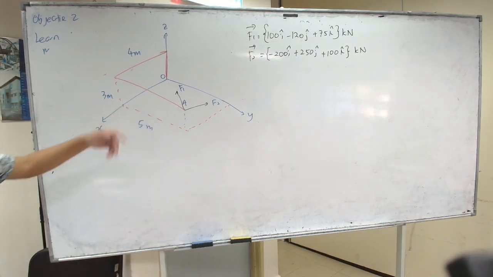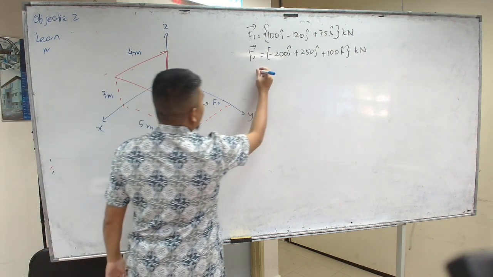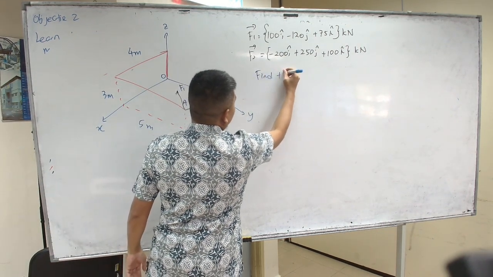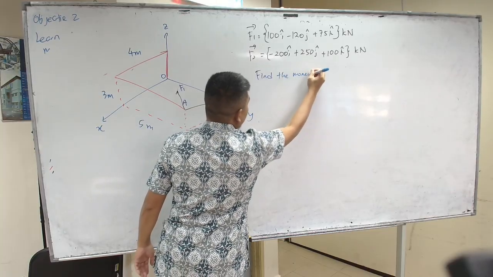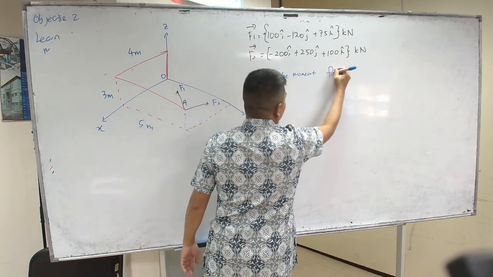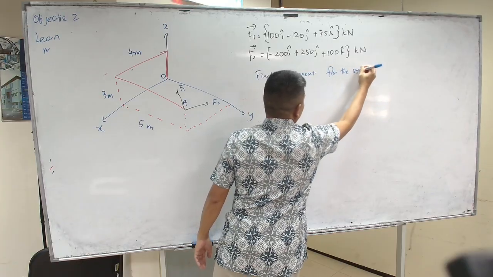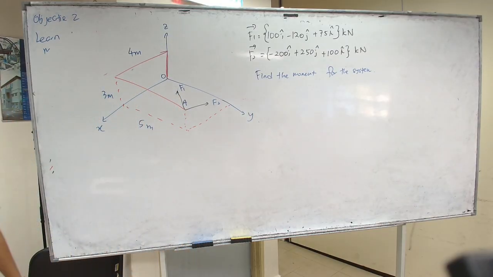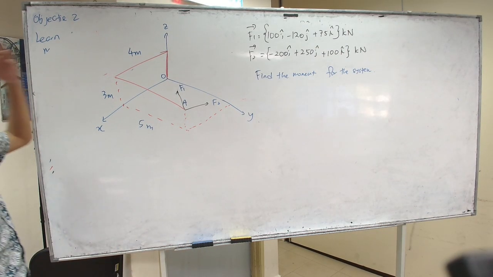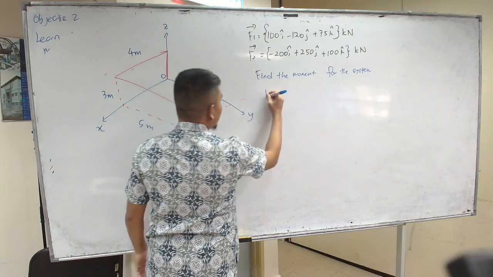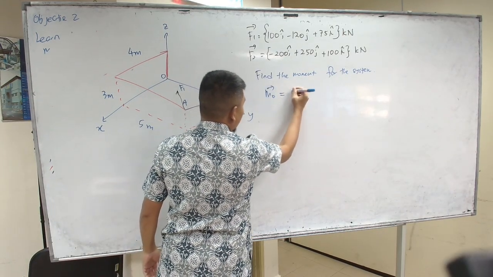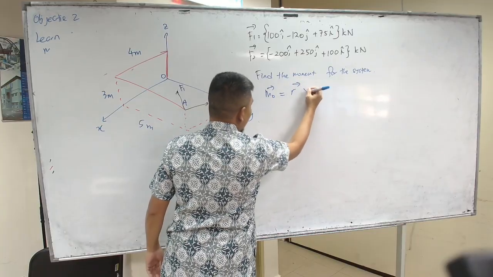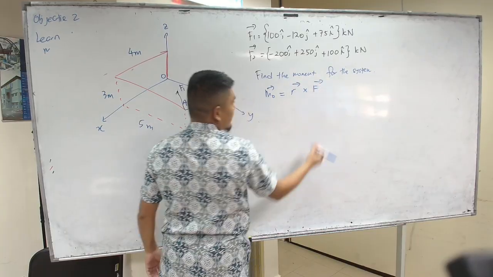Okay. The question is, find the moment for the system. Once again, the formula is moment equals position vector cross product with the force.